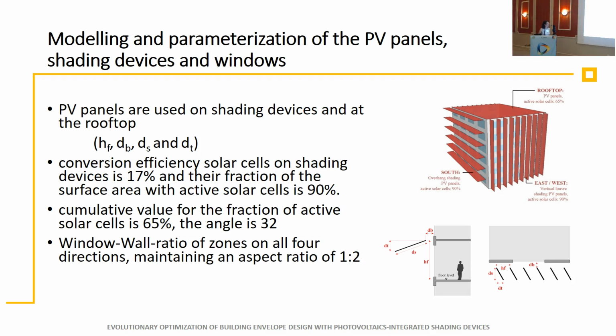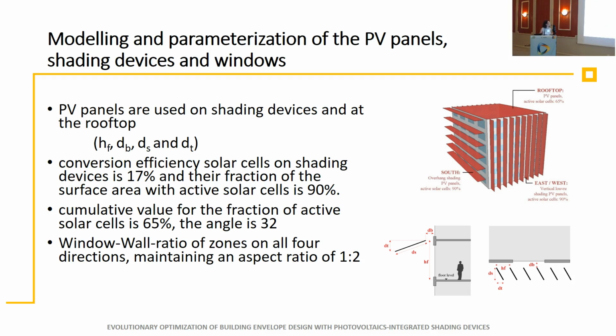The modeling of the building, the photovoltaic panels and the shading devices is as such. Photovoltaic panels are used on shading devices marked with red, and also on the rooftop, and these are defined by several design parameters.